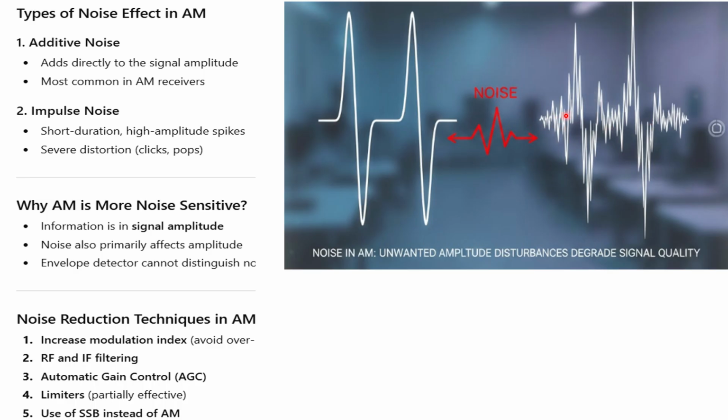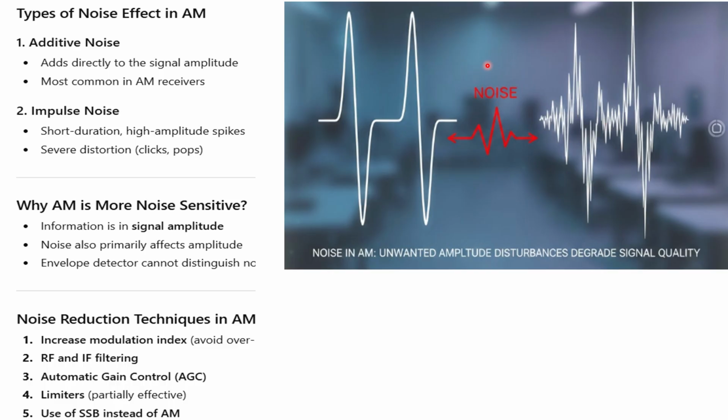The noise level may not be very high, but there will still be some deviation in your original signal. If deviation is there, it may be difficult to detect the message information from the demodulated signal, right?